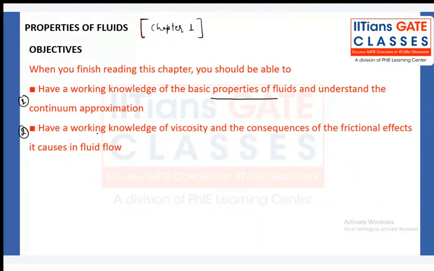Then we are going to cover the working knowledge of viscosity and the consequences of the frictional effect it causes in a fluid flow. So basics of the basics: what are the properties of fluids, and the viscosity property. These two things we are going to cover in this session, guys. Please make a note of it.